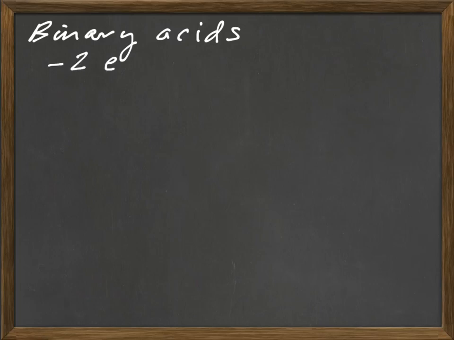We have 2 kinds of acids. Binary acids. Pretty much 2 elements. There's one exception. I won't do that to you on an exam, but I did it to you in the lab.